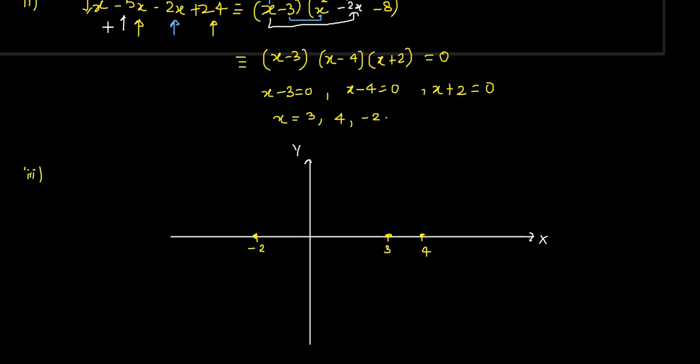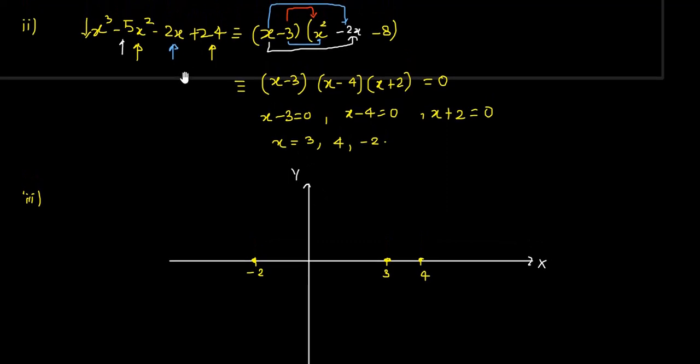Now I have this polynomial, which is written here, you can refer to this. So here if I put x equal to 0, means the y-intercept, I will get the y-intercept as just 24. So let us locate this point 24 also. Roughly, let us say this distance is 24, although the scale is not matching for the x and y axes, but let us suppose this point is 24.